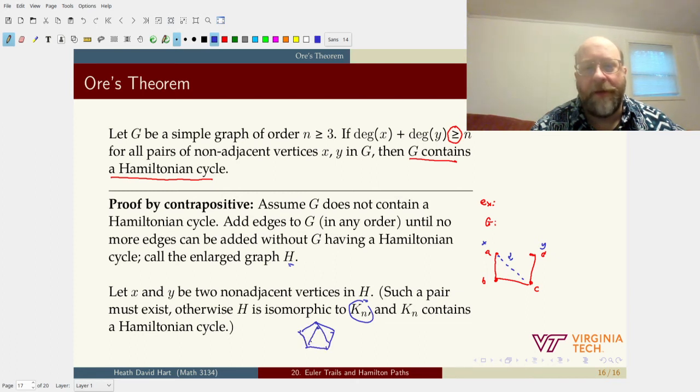In fact, it also contains the diagonals as well. Like this is K5, but the cycle along the outside hits every vertex exactly once. So K sub n always contains a Hamiltonian cycle, and since H is not K sub n, at least one of these edges has to be missing, and now we have a pair of vertices that's not adjacent to each other. So we're guaranteed that we have these non-adjacent vertices.